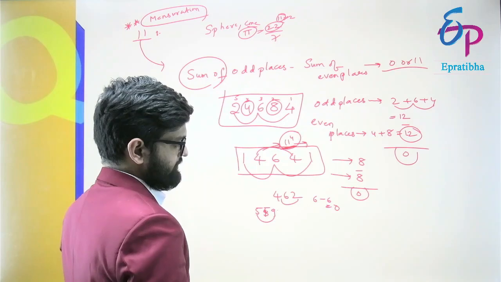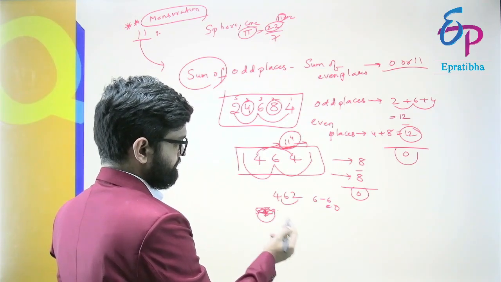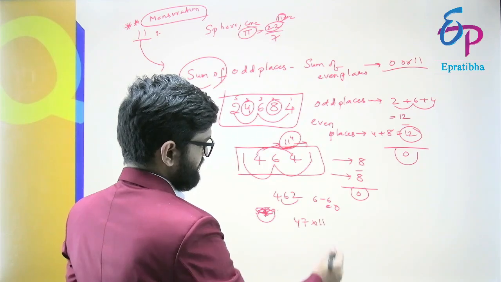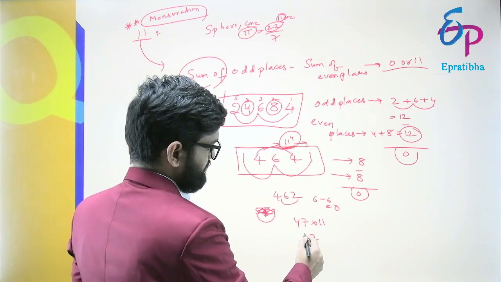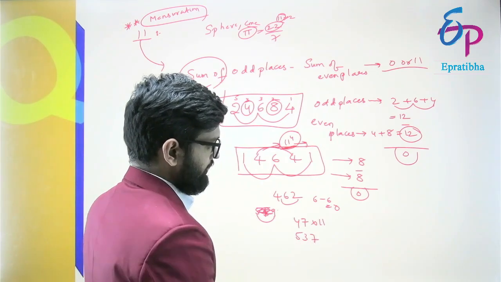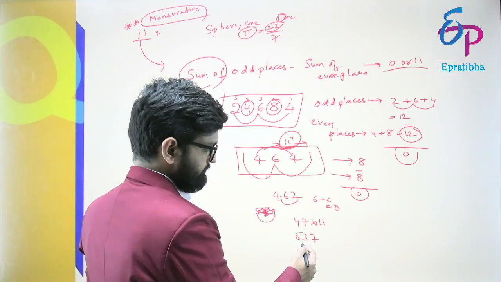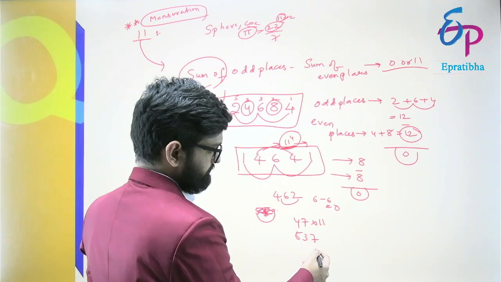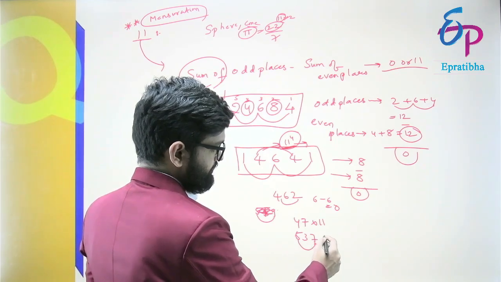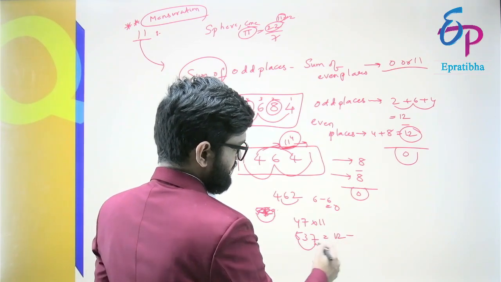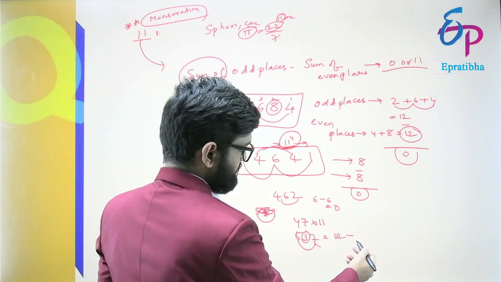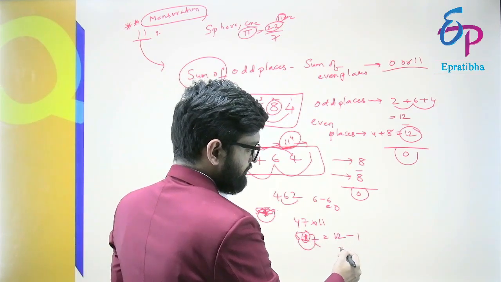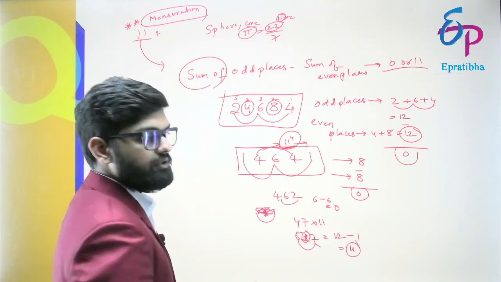What is 9 plus 5? 47 into 11, if you take, is 517. This is 7, this is 1 and this is 5, right? What is the addition of these two? These two addition is 12 and this one is 1. 12 minus 1 is 11, right? So now we are getting 11.